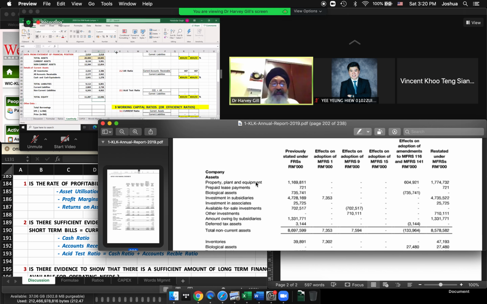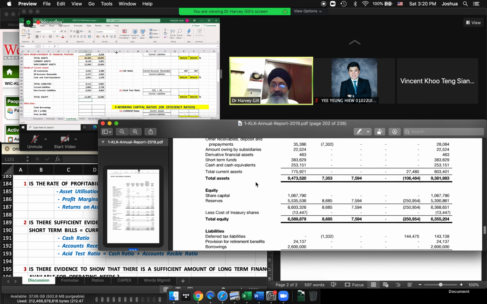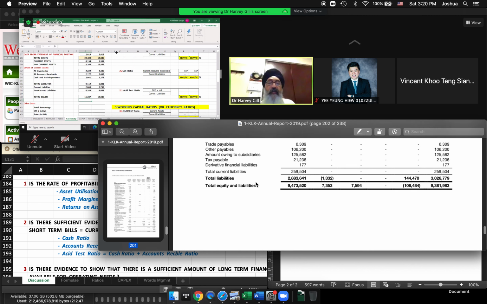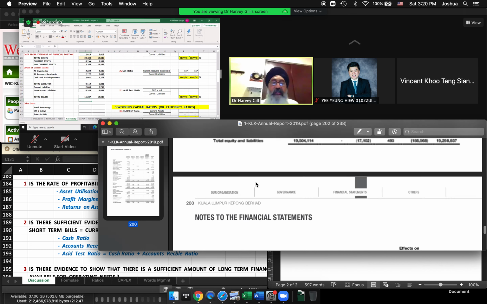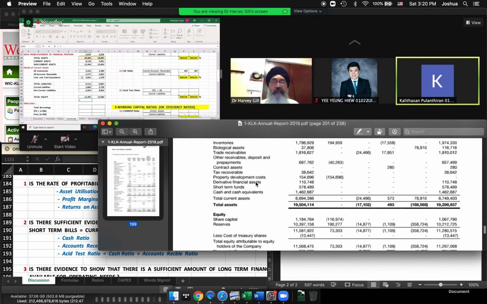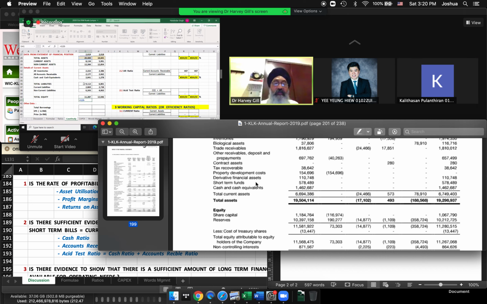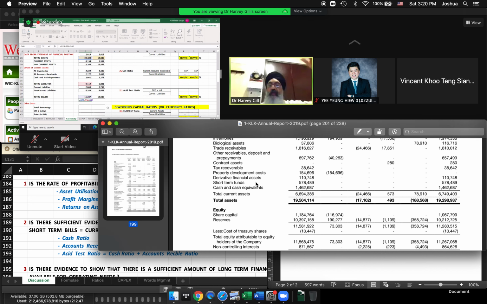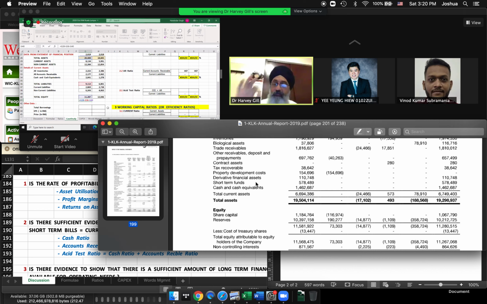Now, if you want to do a quick check here, we know total assets are equal to total liabilities plus total equity, isn't it? So if I do total assets minus total liability minus total equity, what will I get? If I've done the correct numbers, I should get 0.